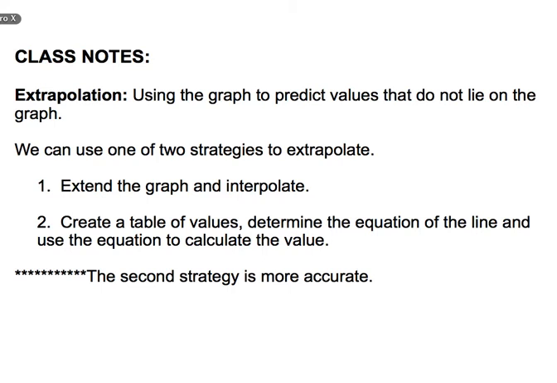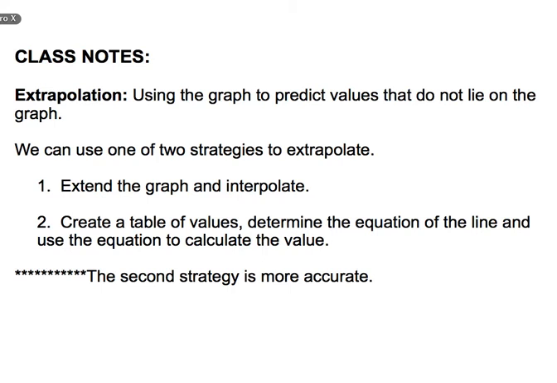So there's two different strategies we can use to extrapolate. We can extend the graph. That's no problem, but you've got to make sure you have a straight line, and you need a ruler for that. Sometimes you can't extend the graph, so you have to create a table of values, then determine the equation, and then use the equation to calculate the value.